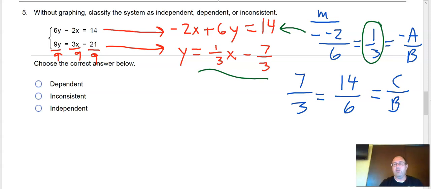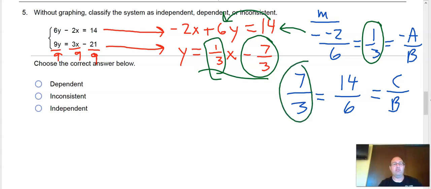And when I did the C over B trick, 14 over 6, I ended up with 7/3. So you can see that they have the same exact slope, but they have different y-intercepts. Now, notice that one is positive 7/3 and one is negative 7/3. So they have same slope, different y-intercepts. That means they are inconsistent, right? Parallel lines, they never cross.